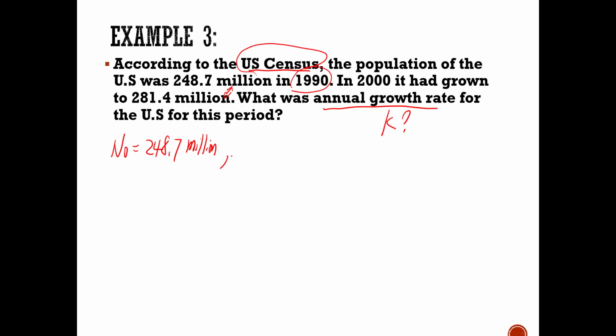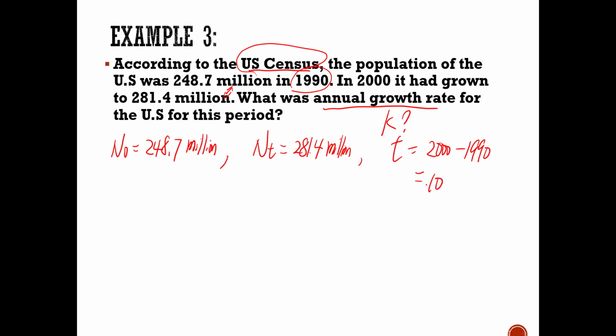And then in 2000, the population has grown to 281.4 million. So NT here equals 281.4 million. And then we also know the time t, because between 2000 and 1990, it's 10 years. So t equals 10 years.